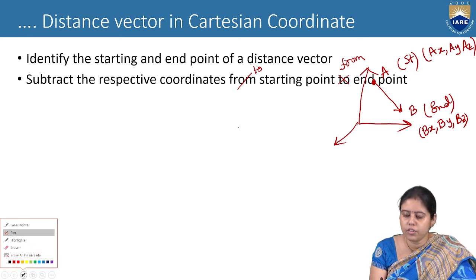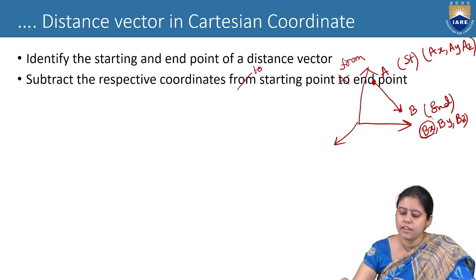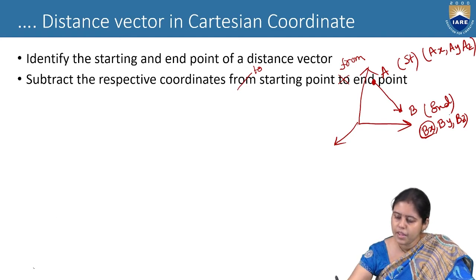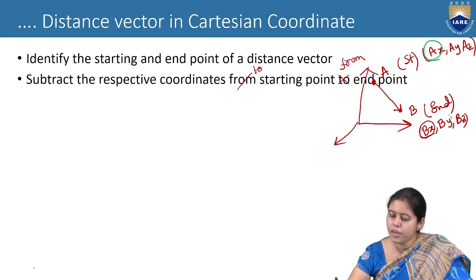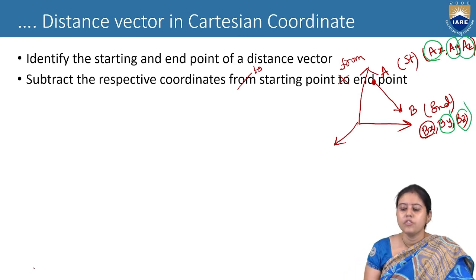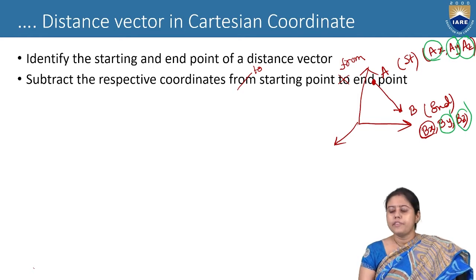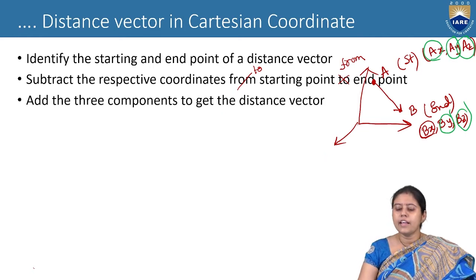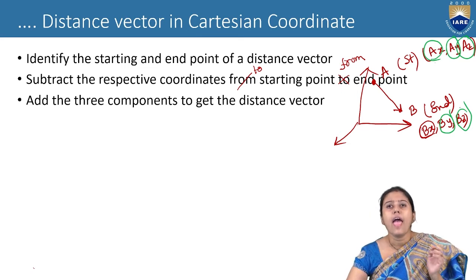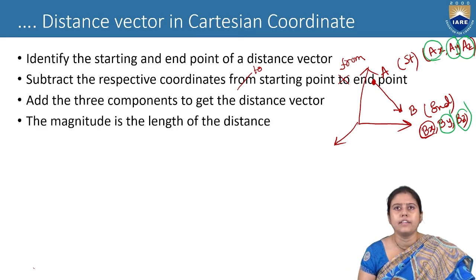According to the end point, it should be Bx minus Ax, By minus Ay, and Bz minus Az. So we have to subtract each point, then add the 3 components, meaning Bx minus Ax plus By minus Ay plus Bz minus Az along with the unit vectors.